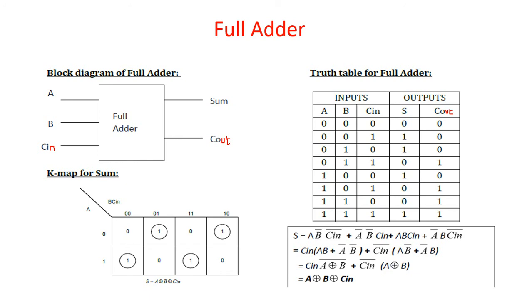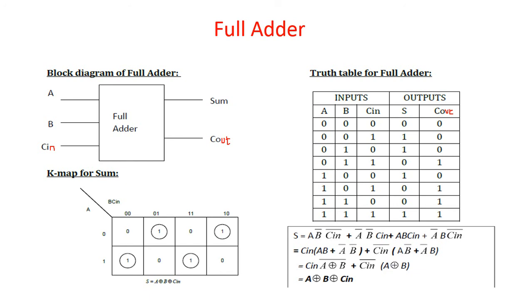For 0, 1, 1, sum is 0. For 0, 1, 0, sum is 1. The input of 1, 0, 0, sum is 1. The input of 1, 0, 1, sum is 0. The input of 1, 1, 0, sum is 0. The last input is the 1, 1, 1 combination, sum is 1.